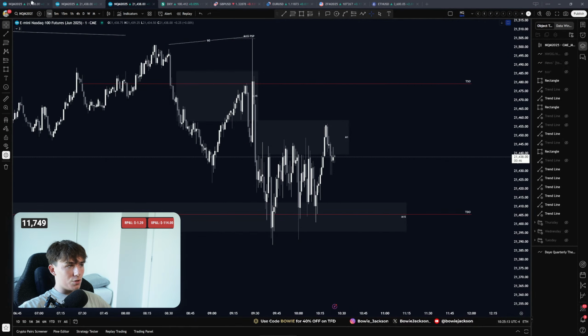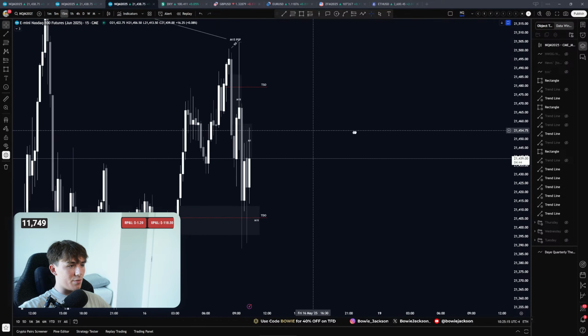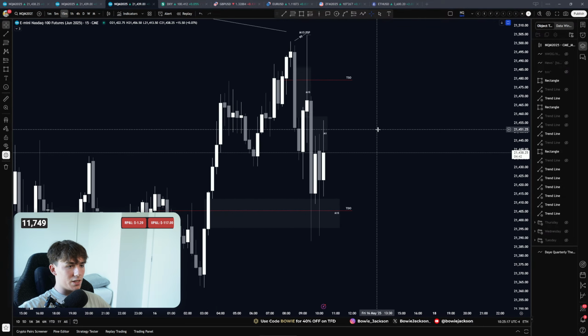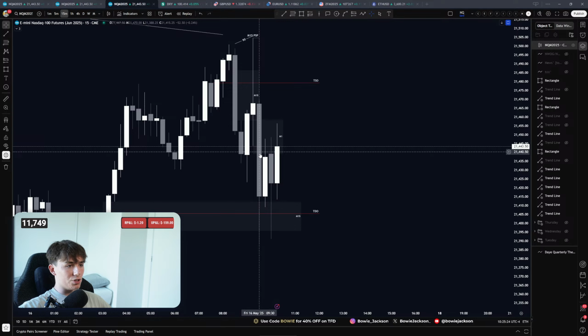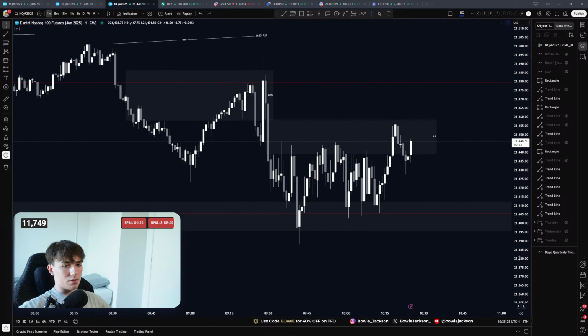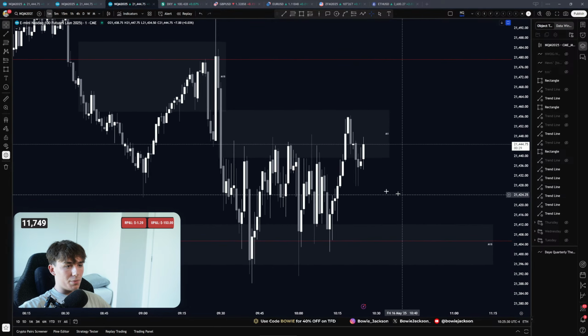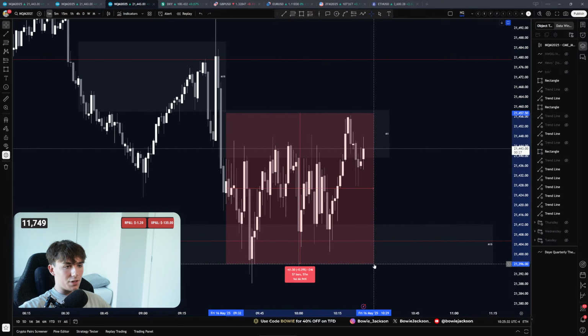So for now, the opposing context is not really confirmed yet, so I'm still in the short because we have this daily bullish, but 50 minutes still doesn't look that bullish. I need a displacement, right? But it's really one-sided right now. It's very choppy, still inside the same range after the open.